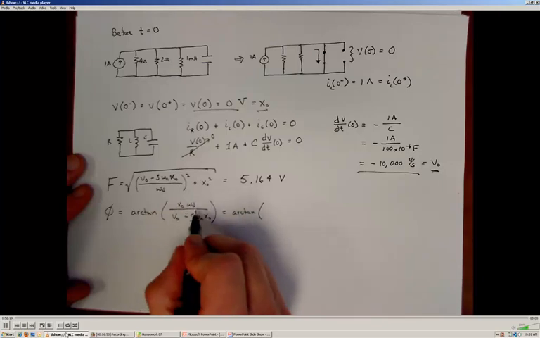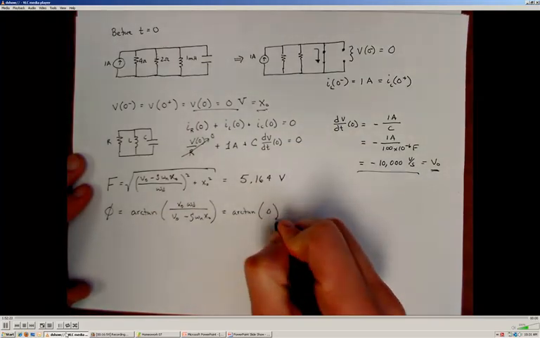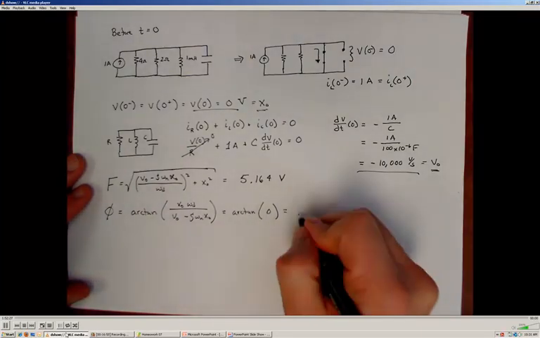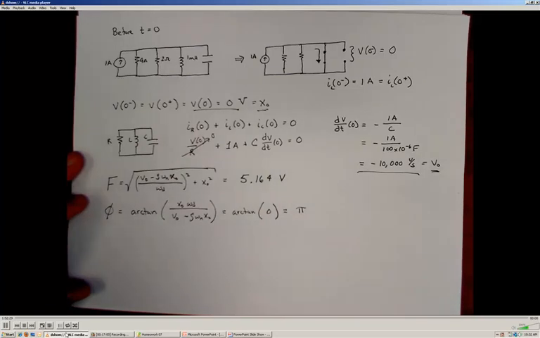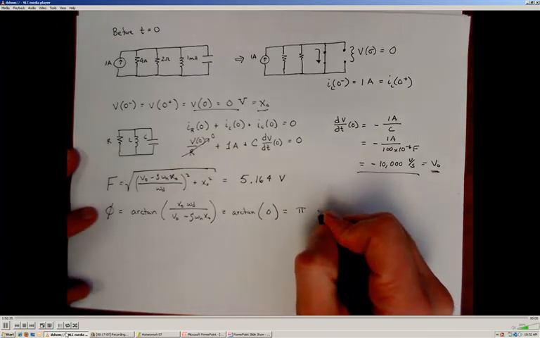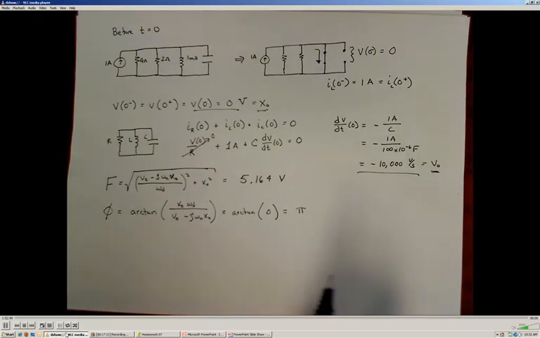This term right here, because x naught is 0, is going to end up being 0. So the arctangent of 0, we have to remember a little bit of trig here, is going to be a value of pi. So my phase shift is going to be pi radians, and my constant f is going to be 5.164 volts.